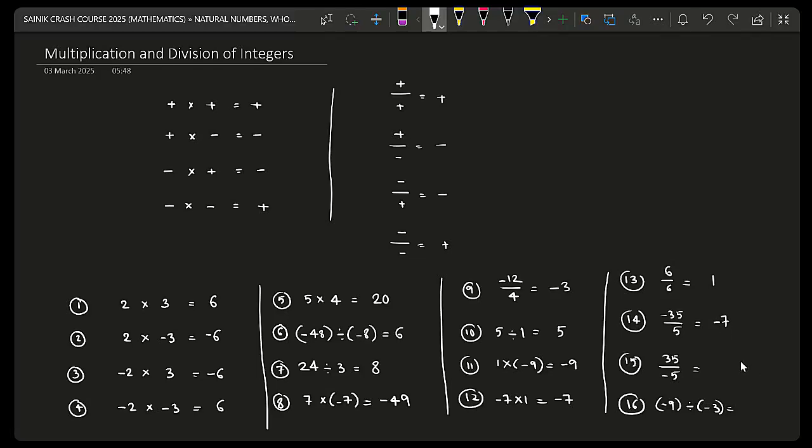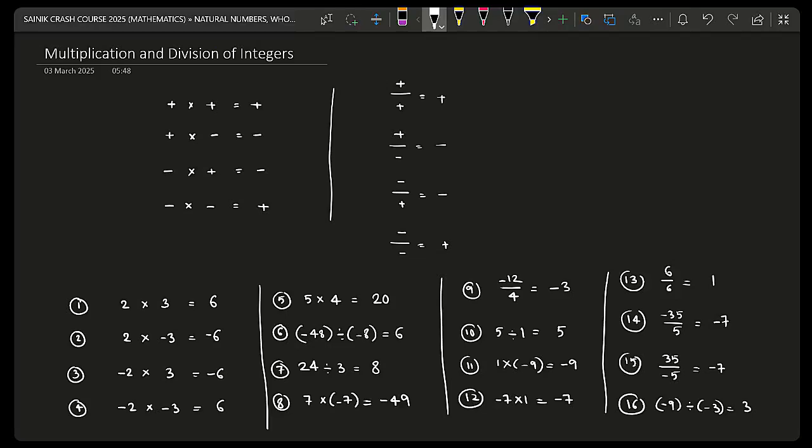Next, 35 by minus 5 is also minus 7, because positive by negative is negative and 35 by 5 is 7. Next, this is division: 3, because negative by negative is positive and 9 by 3 is 3. Very good, Abhiday.